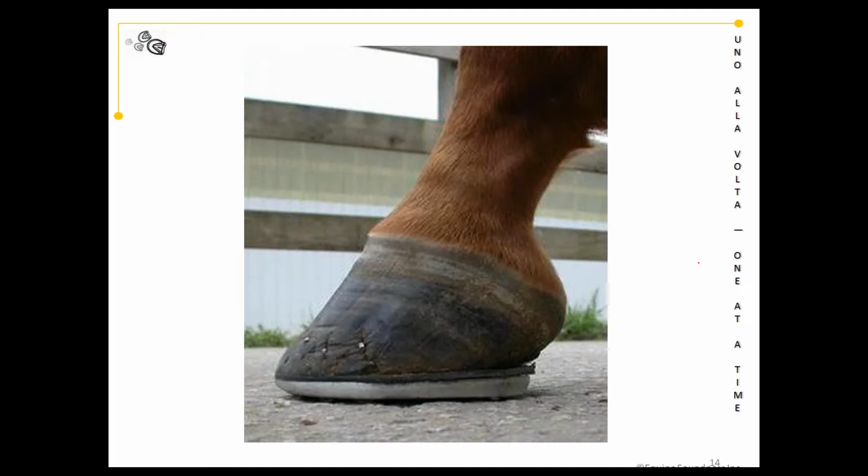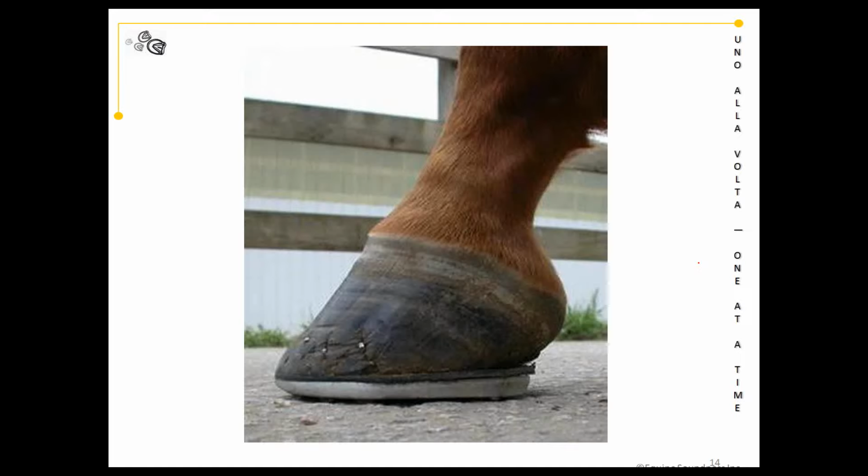The inflammation involves the impar ligament, the navicular bursa, the deep digital flexor tendon, and all the blood vessels in that area. Eventually the body will stabilize that area by scarring it over with scar tissue. And when you have scar tissue there, then it's really, really hard to break this loose again and to actually get this horse moving again.